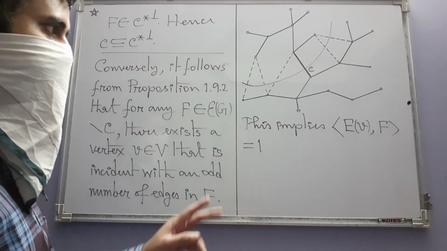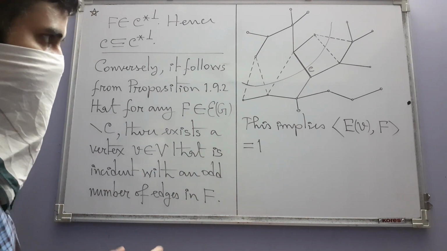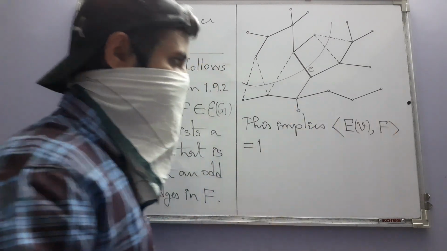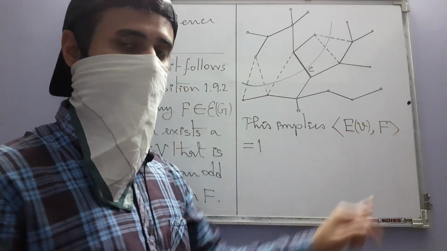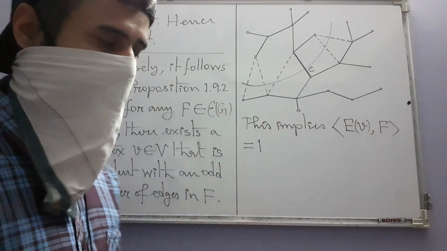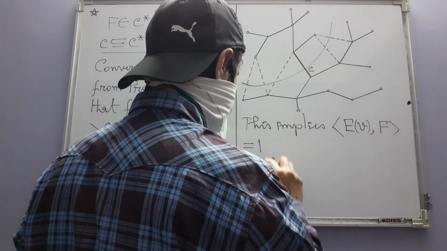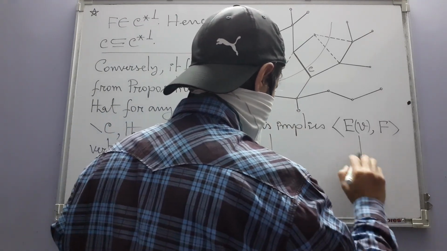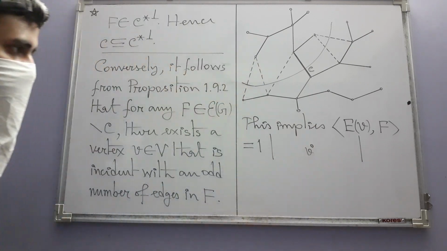Our inner product can have exactly two values, it is either 0 or 1. We already know that this kind of inner product has 0 value if and only if the number of edges common to f and this is even. But now what kind of vertex is this? Our vertex is say the vertex V is here.